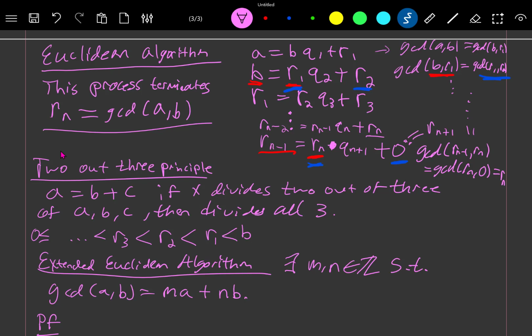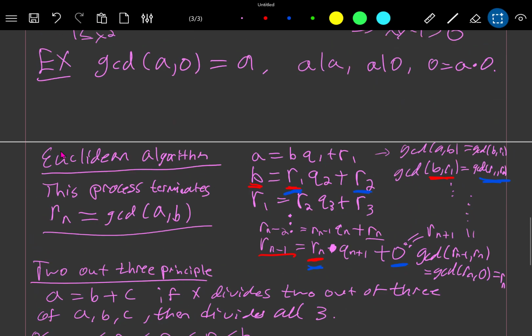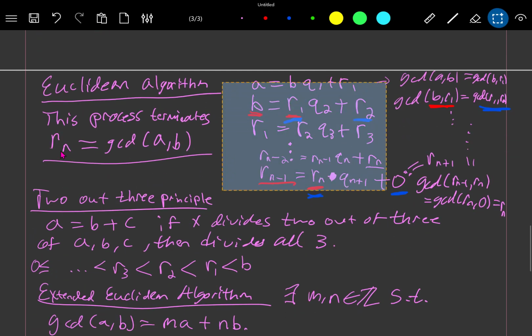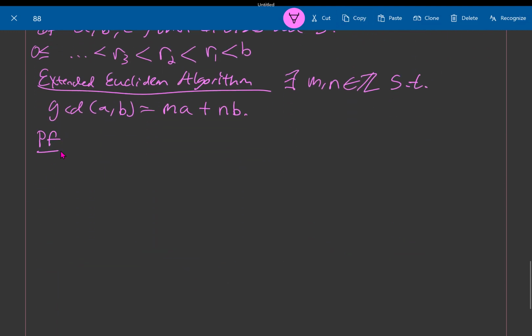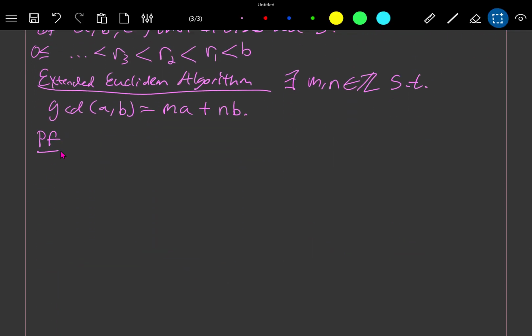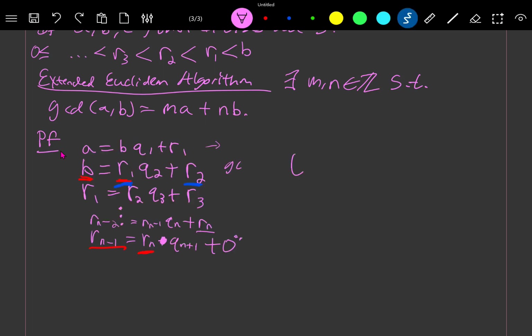So if we look at this here, so maybe I will copy. Is there a way I can paste? Yeah. The idea behind this is we have this equation here.